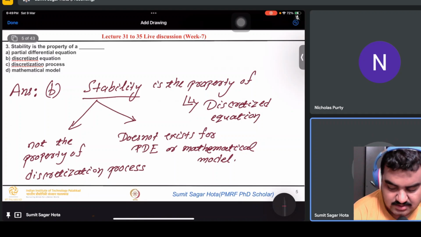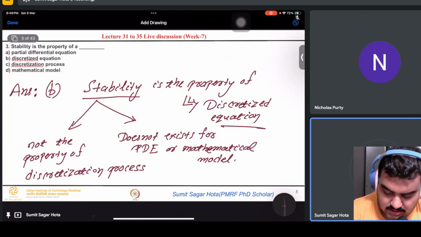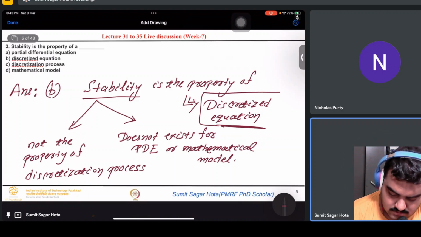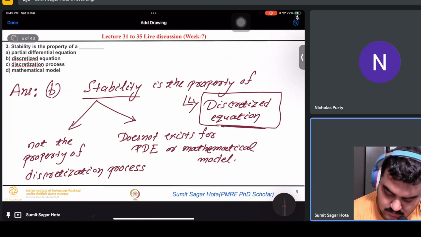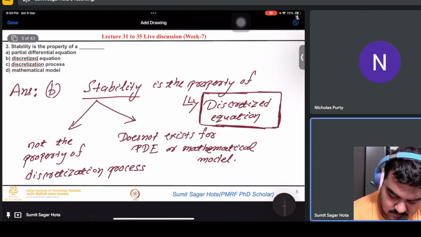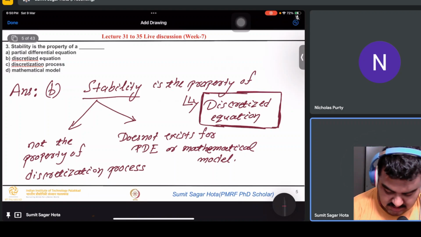It's only a property of the discretization. Okay, let's go to the next one.